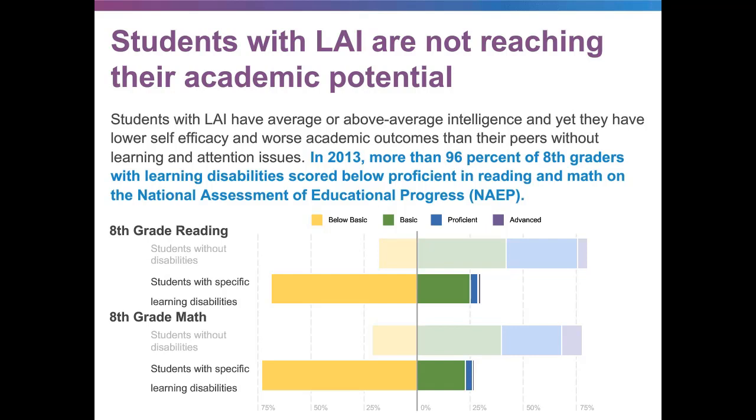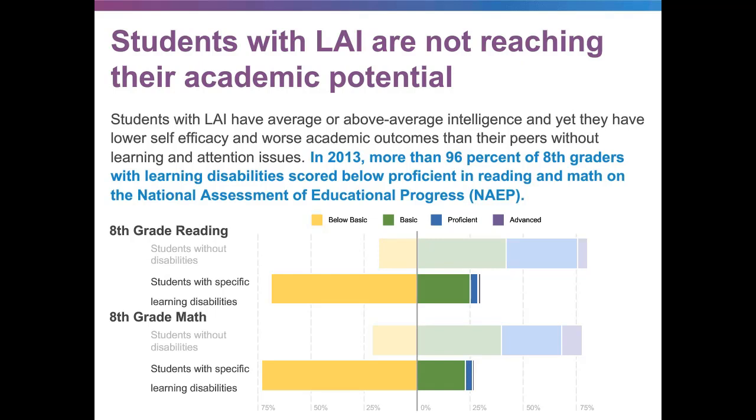Another polling question. So which of these is a fact? That was one fact that I just gave you. Kids with learning disabilities are not meeting their potential in reading or math. Which of these is also a fact? A, half of students identified with specific learning disabilities interact with the criminal justice system within 8 years of graduation. B, students identified with specific learning disability drop out of high school twice as often as other students.